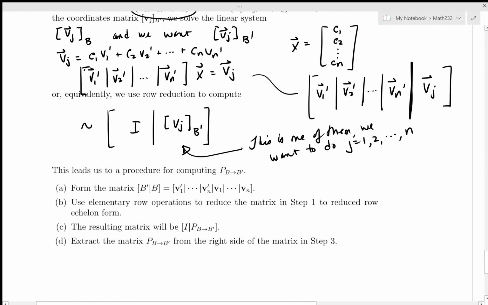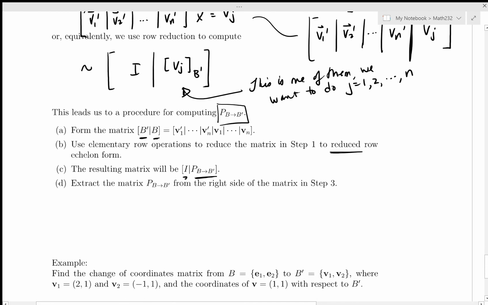To compute this matrix that we can then use for changing bases, we're going to form a matrix where we have, as column vectors, the basis vectors of the new basis, and the vectors of the original basis. Then we reduce the matrix all the way down, the full reduced row echelon form, until we get to I. On this side, we will have the matrix that allows us to do a change of basis on any vector we like.